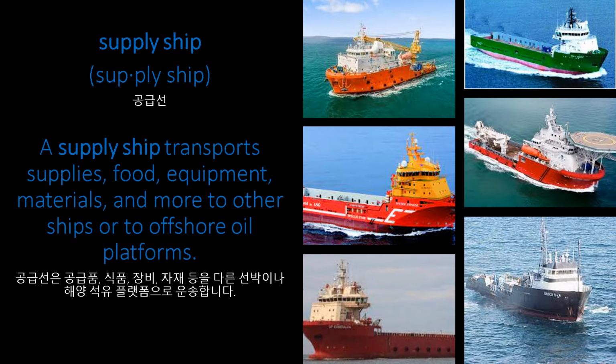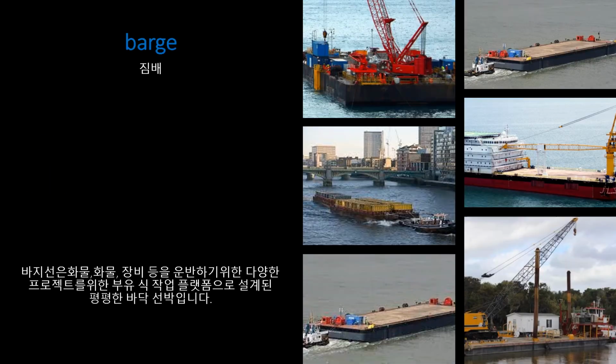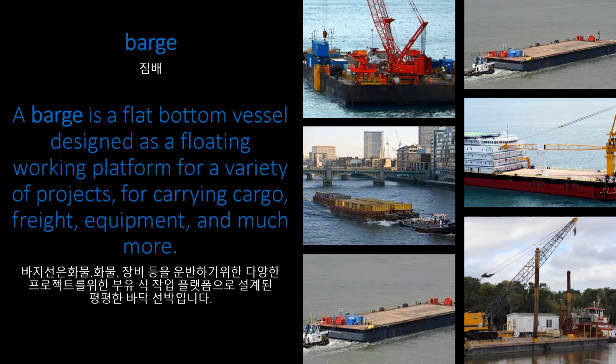A supply ship transports supplies, food, equipment, materials, and more to other ships or to offshore oil platforms. Barge. A barge is a flat-bottom vessel designed as a floating working platform for a variety of projects, for carrying cargo, freight, equipment, and much more.